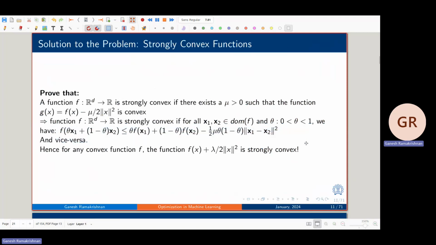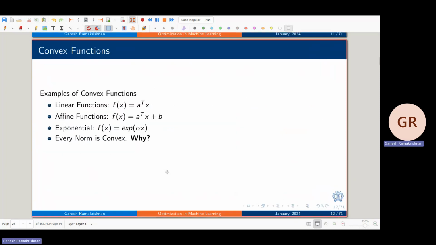If you substitute for g of x in terms of f of x, g of x is convex. Substitute in g of x for f of x at x1 and x2, and you'll see that the difference term, the term T, will come up in terms of mu by 2 norm x squared. It's not very difficult. I'll leave you to the homework problem.